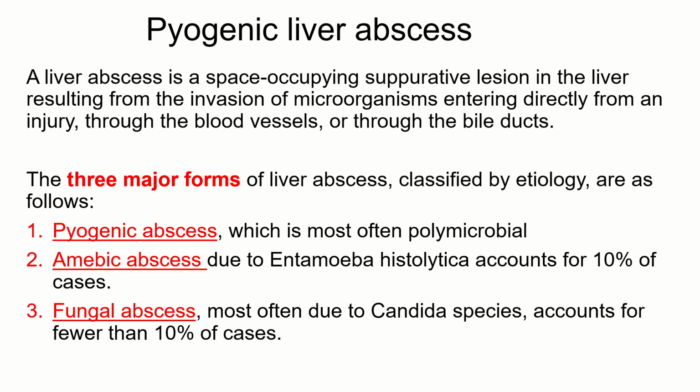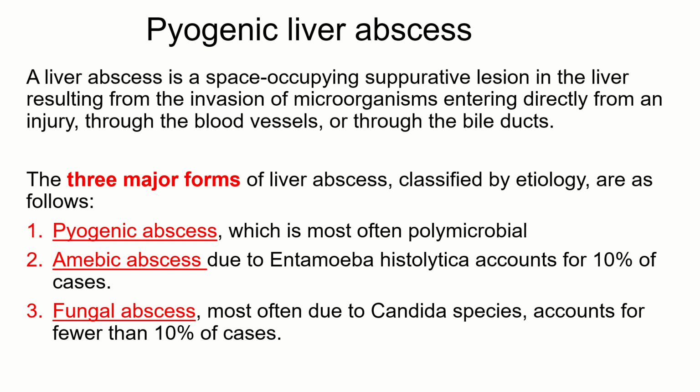So what is a liver abscess? It is a space occupying suppurative lesion in the liver resulting from invasion of microorganisms entering directly from an injury, through the blood vessels or through the bile duct. Now there are three major forms of liver abscess.